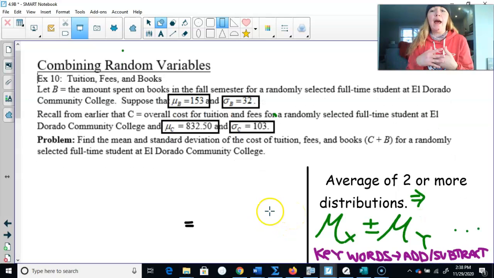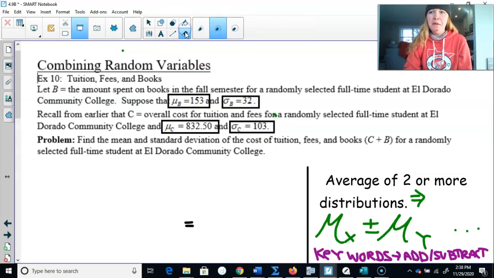Whenever you are finding an average of two or more distributions, it's very straightforward. You're just going to add them together, or you may subtract them. You just have to look for keywords that will tell you if you're adding or subtracting. In this case, it flat out gives you an addition sign. But you can also think, I want to know the total cost of tuition, fees, and books, so I'm going to combine them together. That's adding, not subtracting. You don't see anything about a difference.